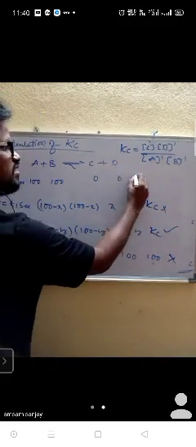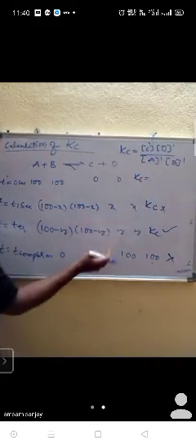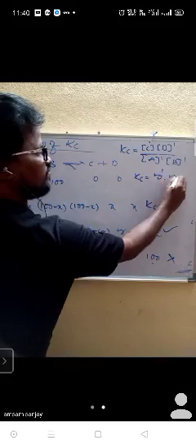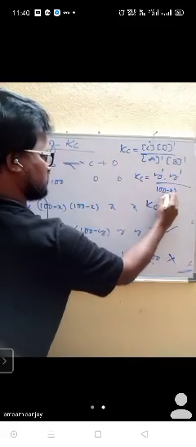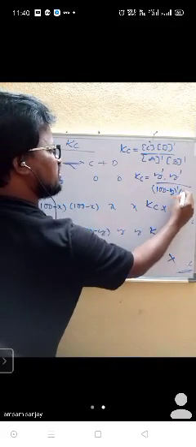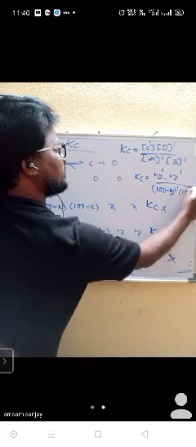Kc is equal to concentration of C is y, concentration of D is y, y to the power of 1, y to the power of 1, divided by concentration of A, concentration of B, 100 minus y to the power of 1, 100 minus y to the power of 1. This is the value. It means at this time only I can say this is the Kc.